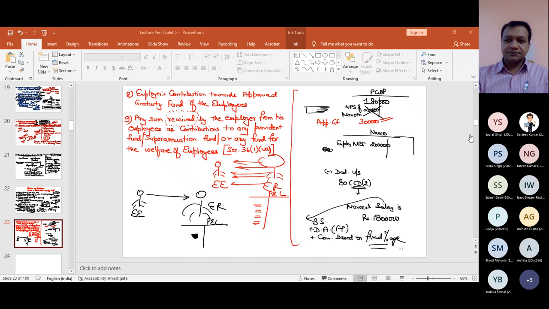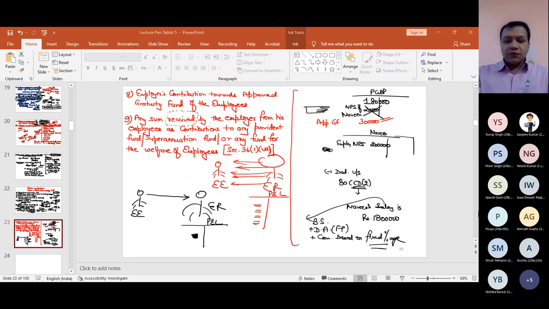Except the 9th point, as an employer, I was giving something, incurring the expenditure, so I was getting the deduction. In the 9th point, I am receiving something and still I am going to get the deduction.